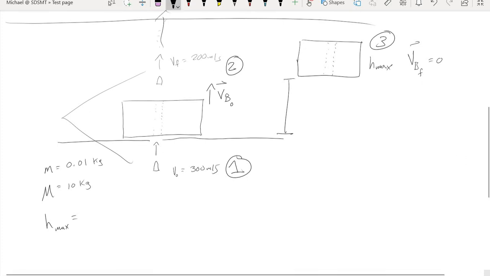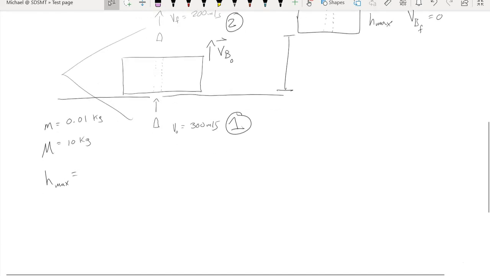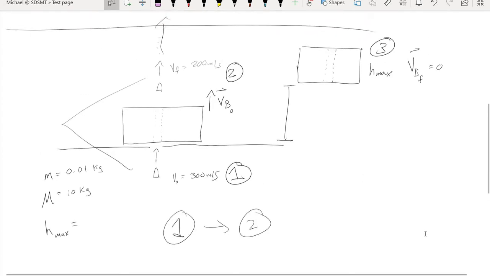So for sites 1, 2, and 3, we need to get some math that we can compare the different sites to. If we go chronologically from site 1 to site 2, is it better to use conservation of momentum or conservation of energy?